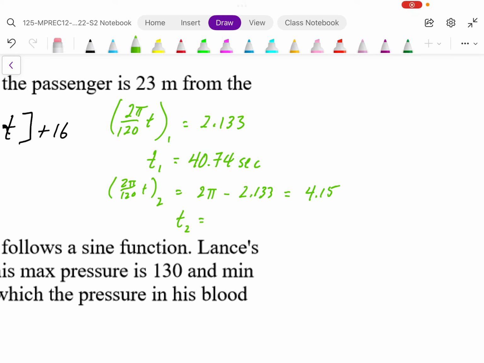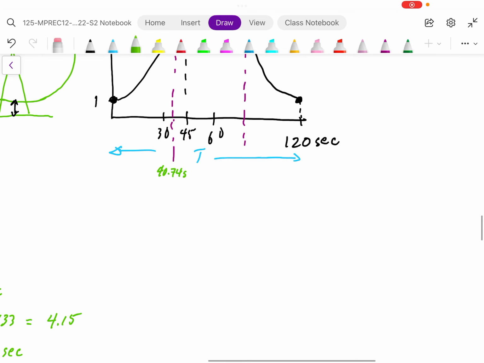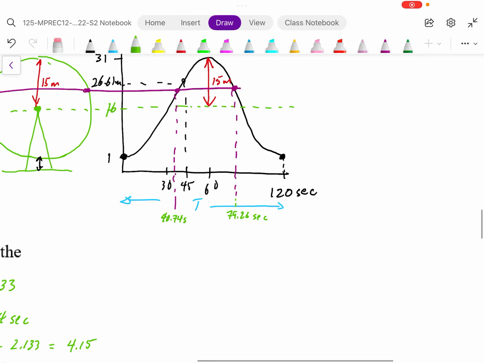Solving this equation for t, so I times by 120, divide by 2 pi, and I'm going to end up with 79.26 seconds. And if I take a look at my graph over here, this position here represents 79.26 seconds. Okay, and that's symmetrical about the 60 seconds, because I can see that's the middle of the graph.